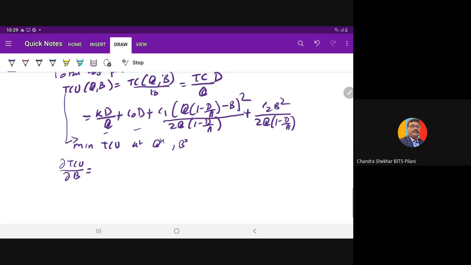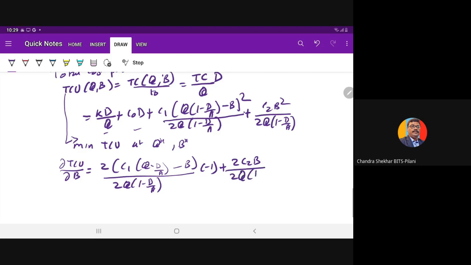And here we have the derivative 2 C1 into Q into 1 minus D upon A minus B upon 2Q into 1 minus D upon A, and here we have the minus 1 plus 2 C2 B upon 2Q into 1 minus D upon A.